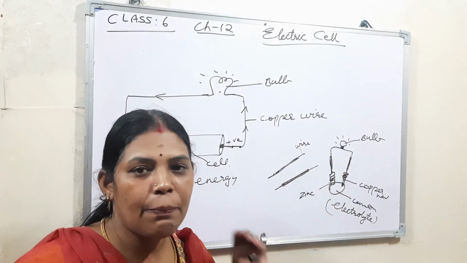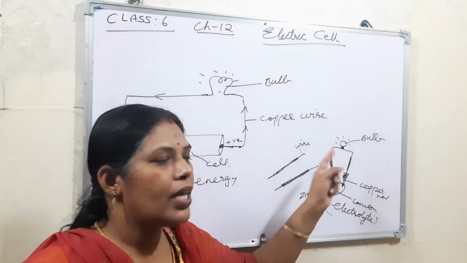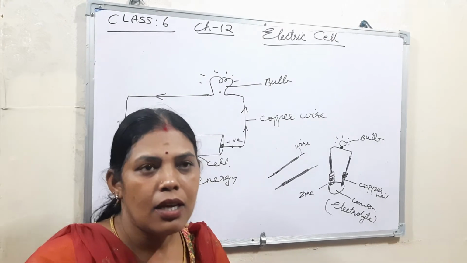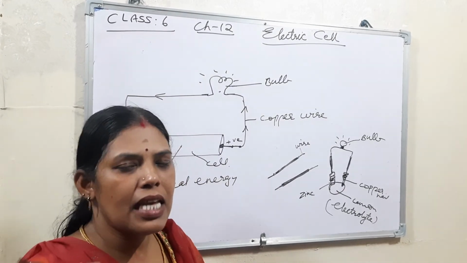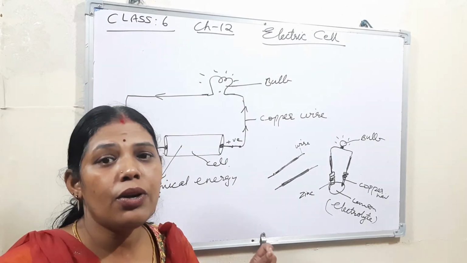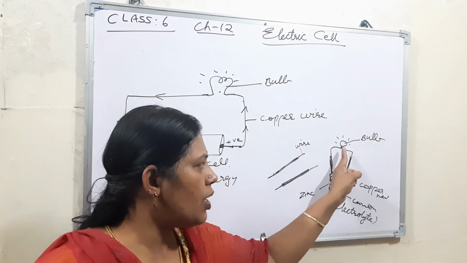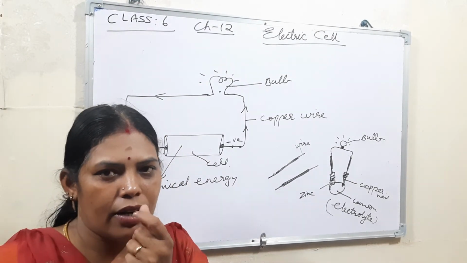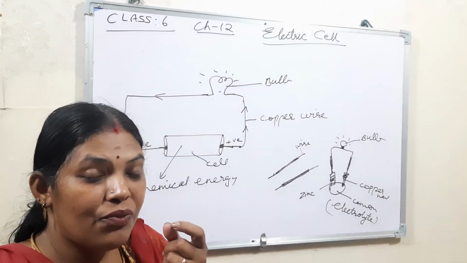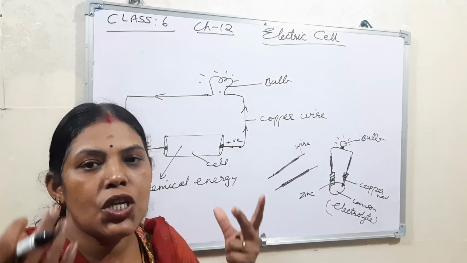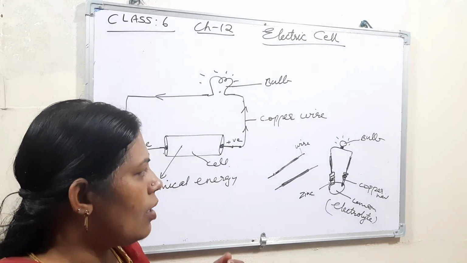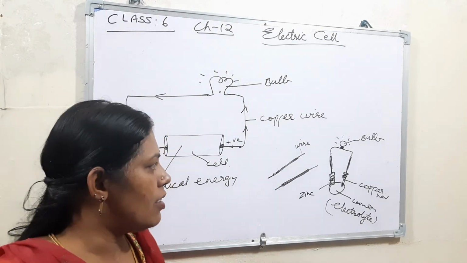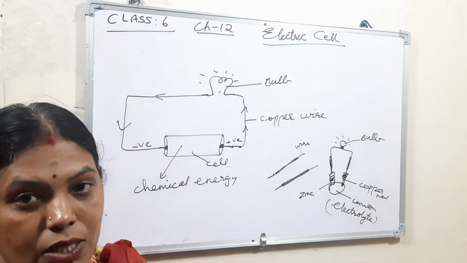Sometimes, if there is no bulb in their hand for checking, electricians check whether the current is flowing by touching the two ends to the tongue, because the tongue contains salty water, saliva. At that time you get a tickling sensation, which is the presence of the electric current.